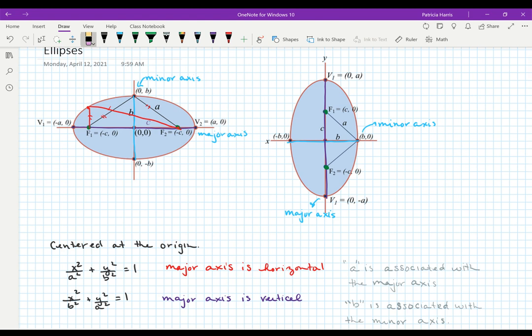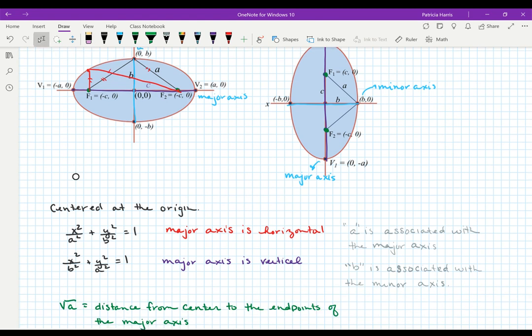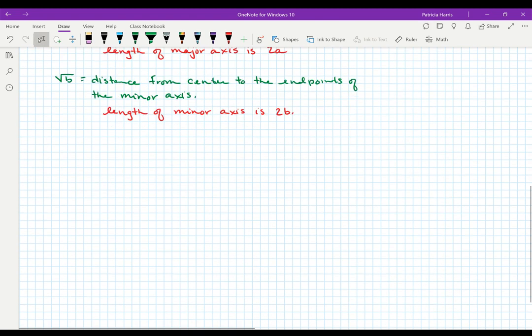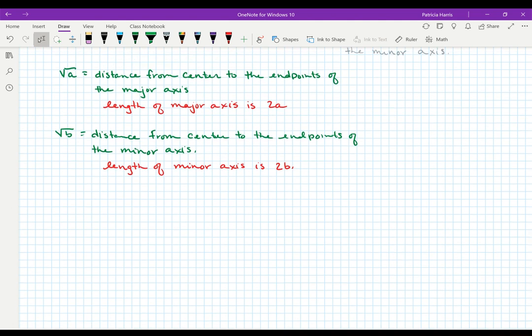So let's work on how we find those foci. First of all, the foci will always be along the major axis.